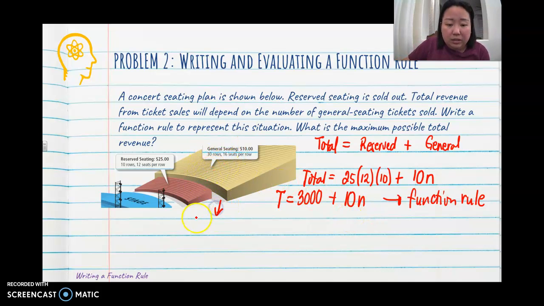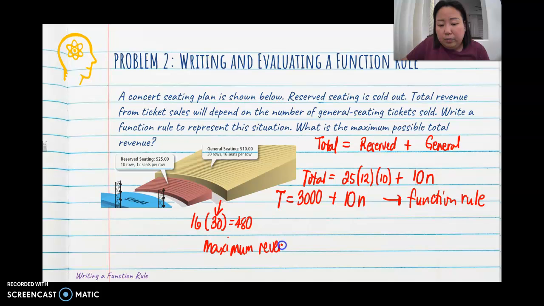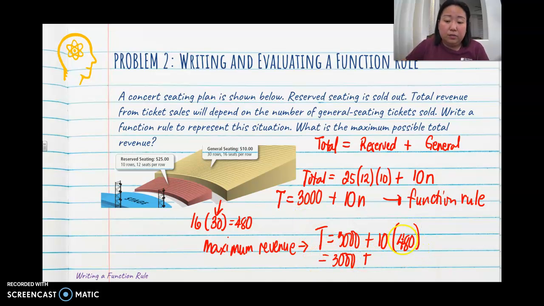The general seating has a total of 16 times 30, which is 480. So for the maximum revenue, T is equal to 3,000, that's the reserved seating, plus 10 times a total of 480 seats in the general seating. So this gives us 3,000 plus 480 times 10, that's 4,800.